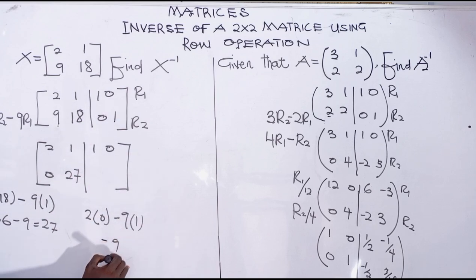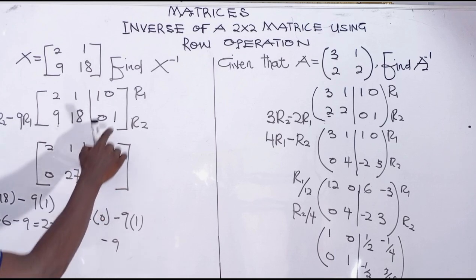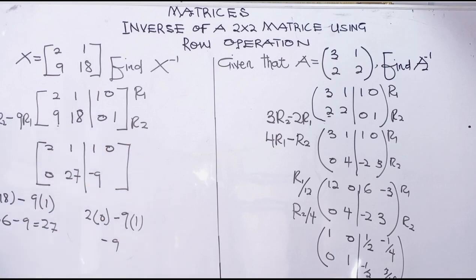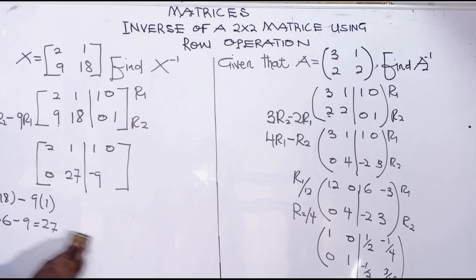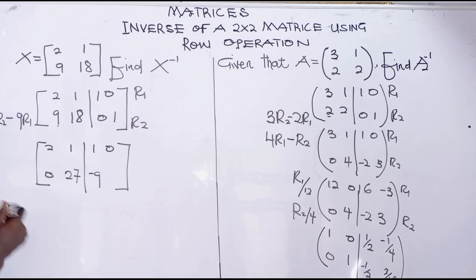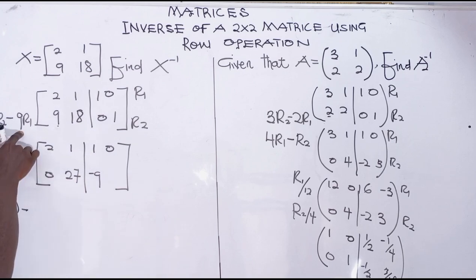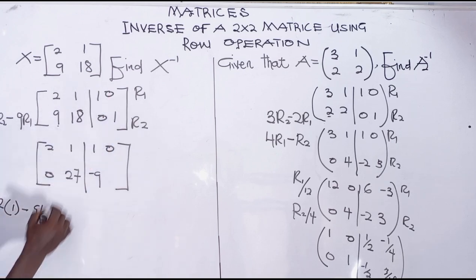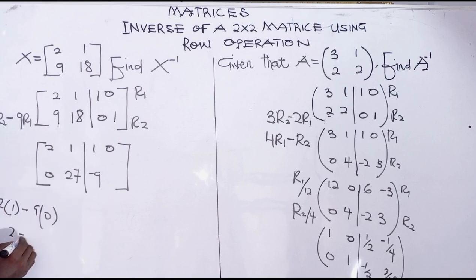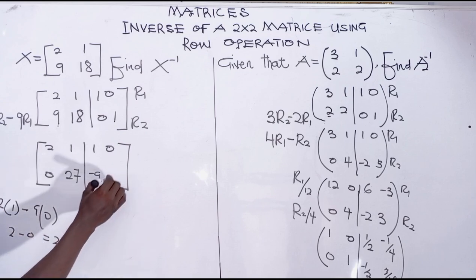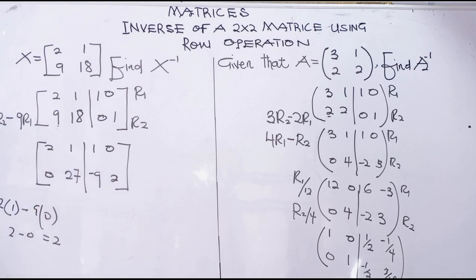We have minus 9. And then let's look at this entry as well. So we have 2, R2 is 1 minus 9, R1 is 0. This is going to give us 2 minus 0, and we have 2. So we have this entry to be 2 as well.